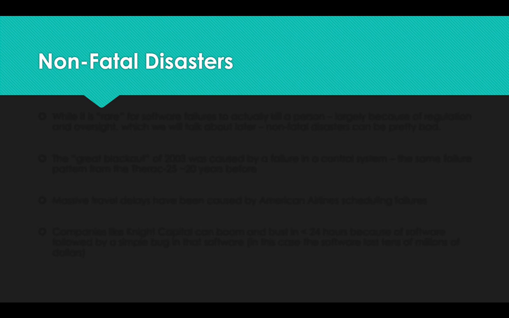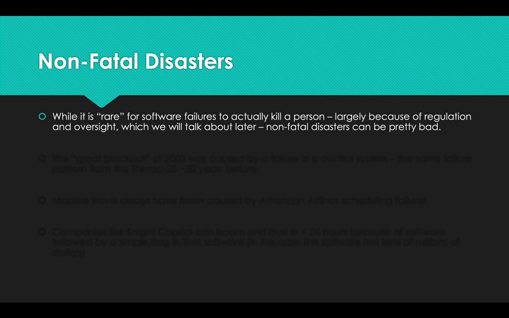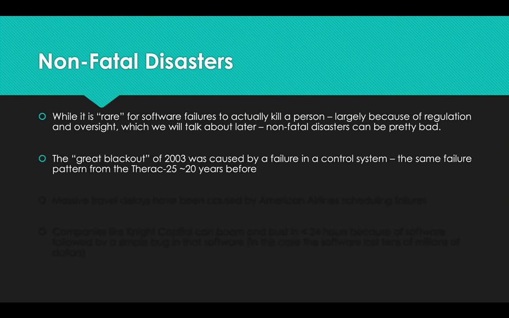And so if we zoom out a little bit and we think about all of the kind of disasters in software that don't involve loss of human life, they're also pretty bad, right? You can think about things like the Great Blackout of 2003, which was actually caused by the exact same errant code pattern that caused the Therac 25 issue. And you can see that we basically didn't learn anything from Therac 25.